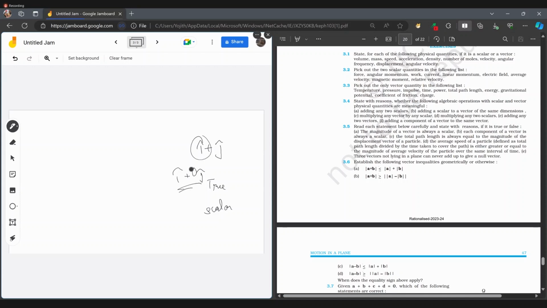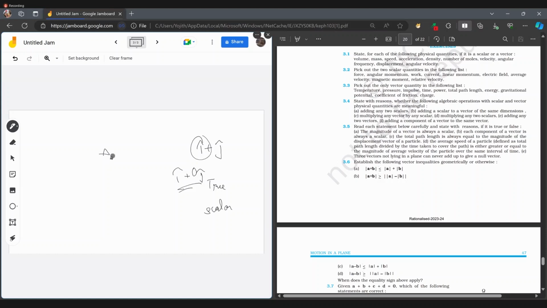Next we have the total path length is always equal to the magnitude of the displacement vector of a particle. This is also false. ఎందుకంటే say I am starting from over here, A, then I go to C, then D, then I come back to A. Now distance, for example, A is a, B is b, A is a, B is b అయిందనుకోండి.